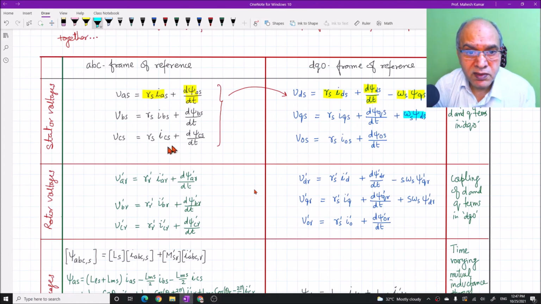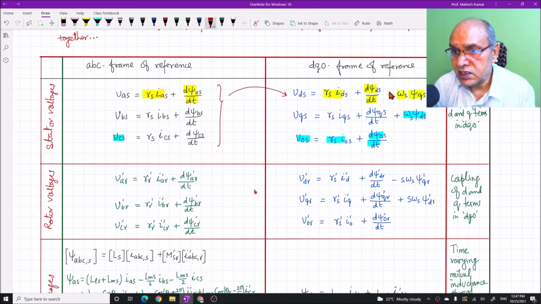The third term is similar to this. The 0 has taken the place of C, and these terms are also similar. The only difference is in these cross coupling terms.